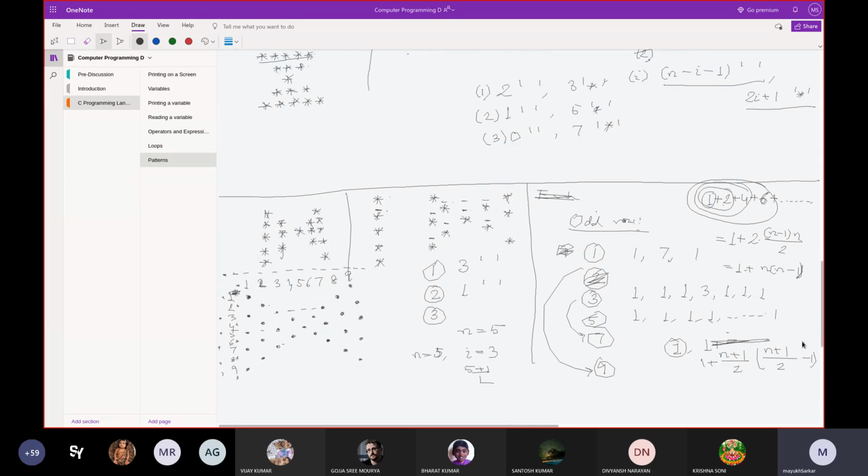Okay, and this in fact will lead to, again this is in reverse direction. So this is in fact coming as n minus 1, so (n squared minus 1) by 4.